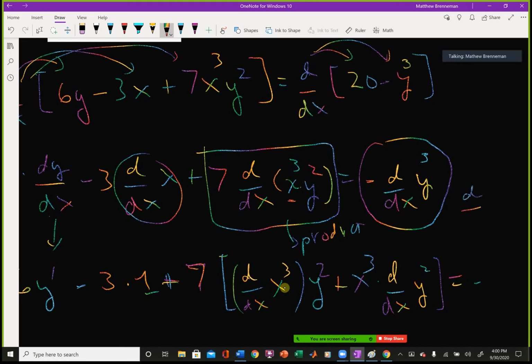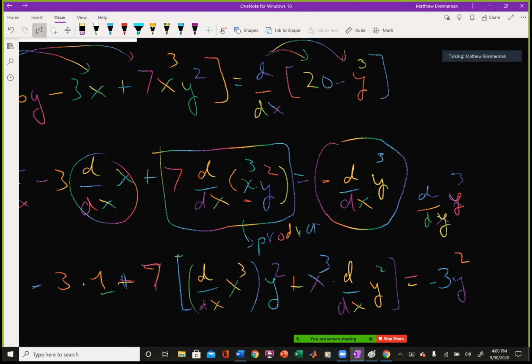If you took the derivative of x cubed with respect to x, you would get 3x squared. There's nothing magical about the variable x. So if I take the derivative of y cubed with respect to y, I'm going to get 3y squared. But again, I remember with implicit differentiation, a special case of the chain rule, I'm always going to multiply by y prime.